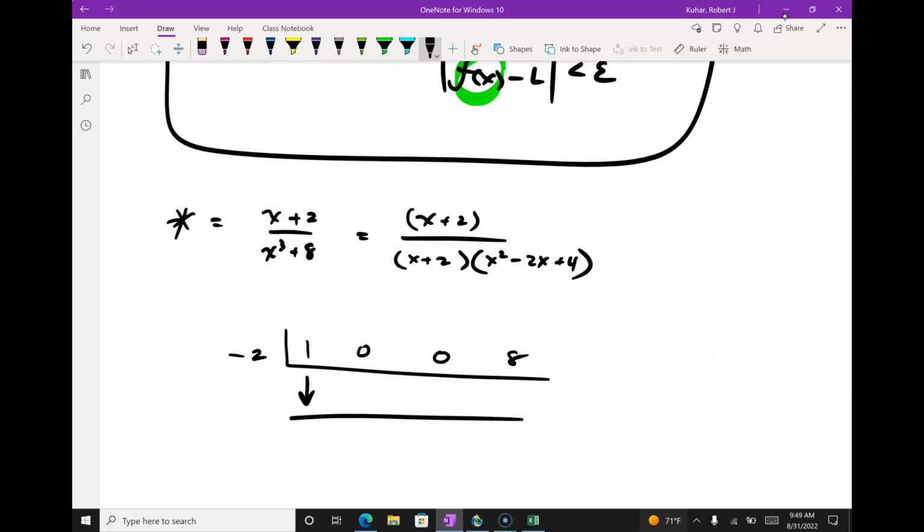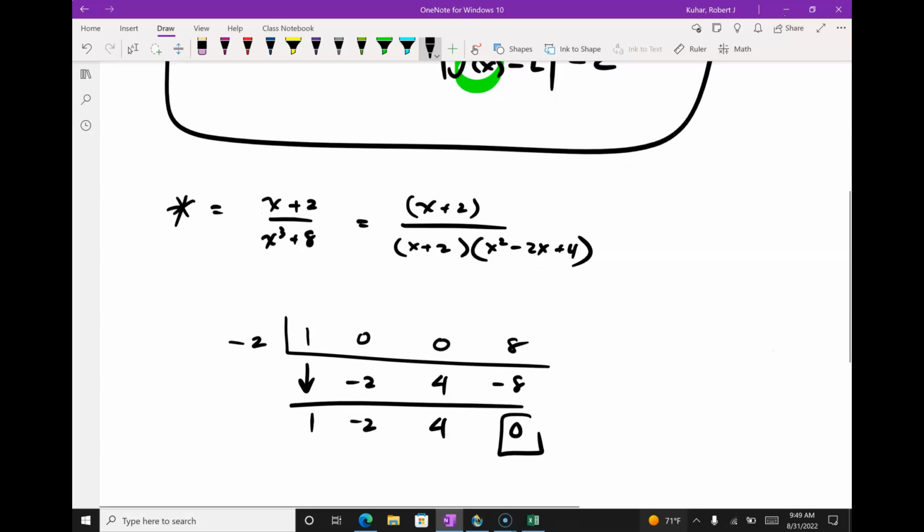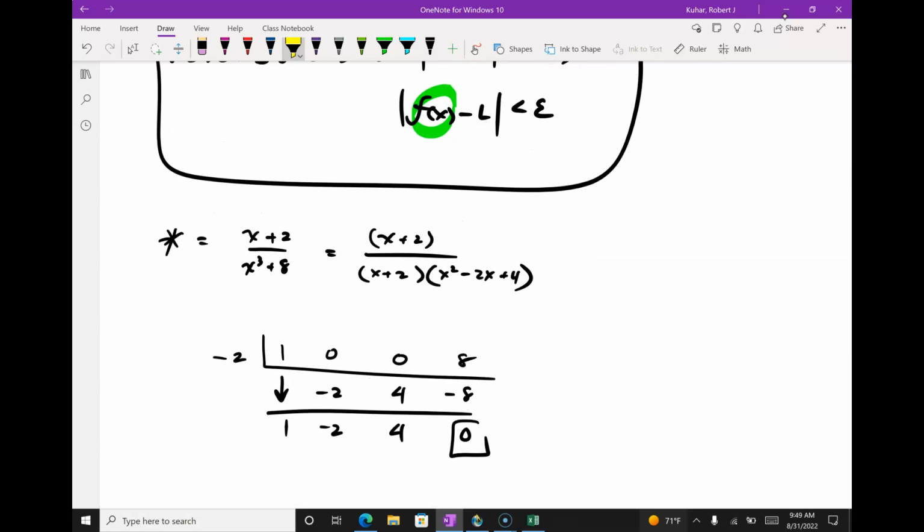I'm going to bring down the 1 and multiply, and then add, and multiply, and then add, then multiply, and then add. So you see I got the 0, and look at the coefficients here matching up. There's a 1, there's the -2, there's the +4. So this star becomes 1 over x squared minus 2x plus 4. Is everybody comfortable here? Anybody not?